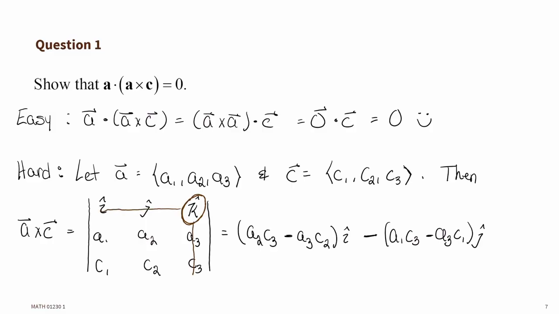And then finally, you're going to want the K hat component. It becomes plus. Cross out row and column, you're left with a 2 by 2 matrix, find its determinant.